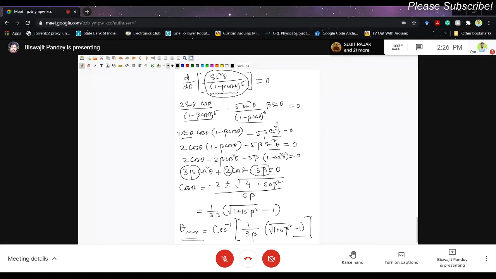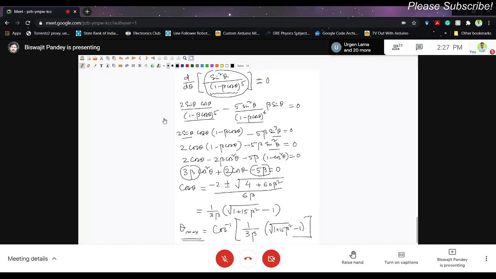So θ max is 0. Now if θ max is 0, put it here: β is 1, cos 0 is 1, so 1 into 1 is 1, and 1 minus 1 is 0, so 0 to the power 5. That means it will blow up, it will be near infinity.